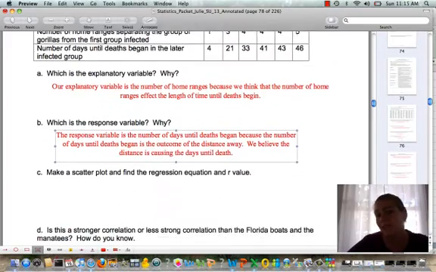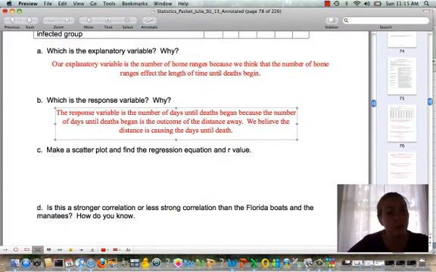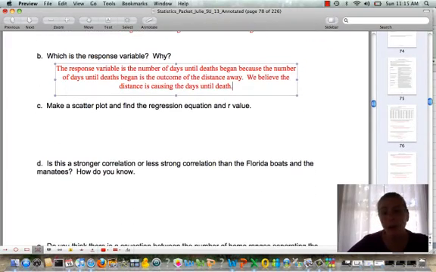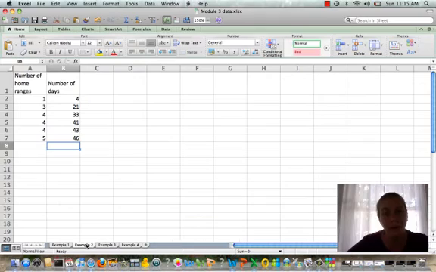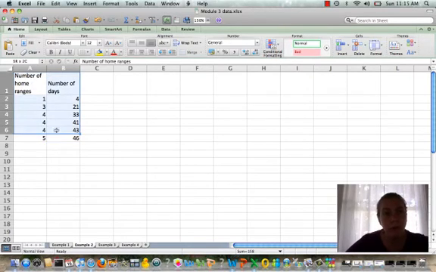For part C, we can make a scatter plot and find the regression equation and R value. I'm going to go ahead and use Excel to do that. So if you come back to Excel, down on the bottom tabs, open example 2 if you download the module 3 data file. I have put in the data already from our example. We're going to go through the same process.